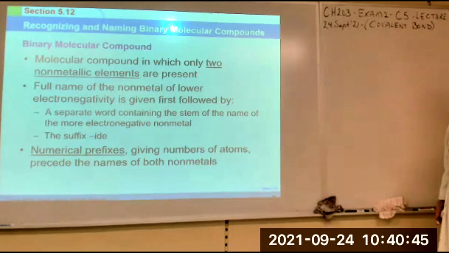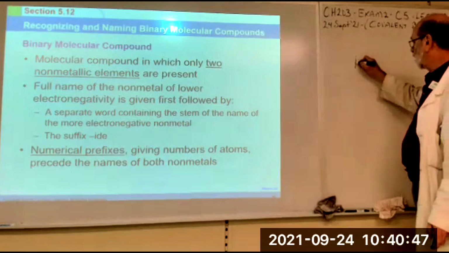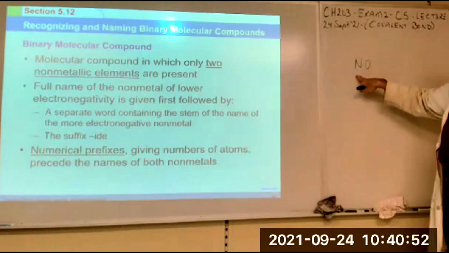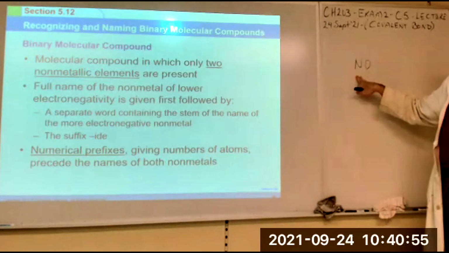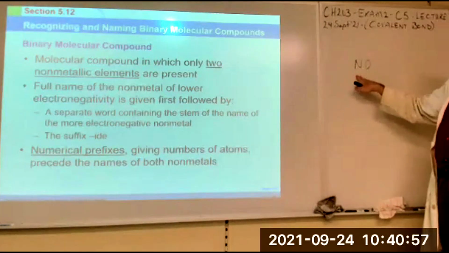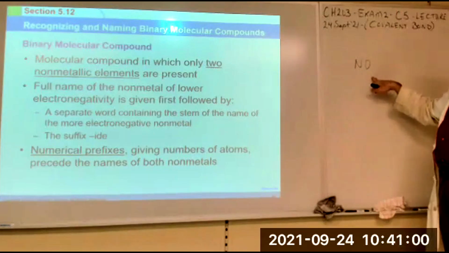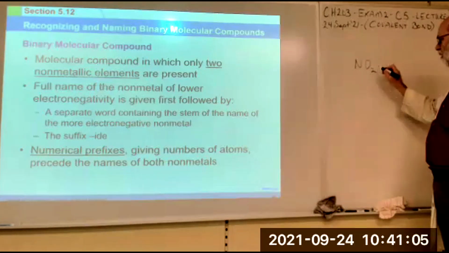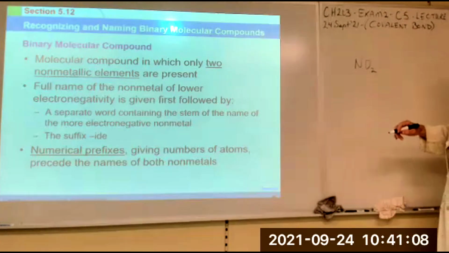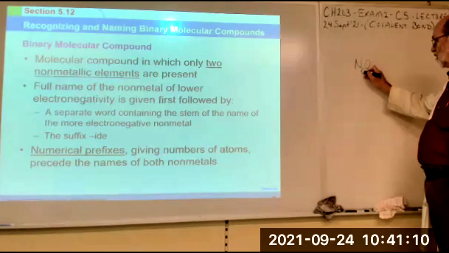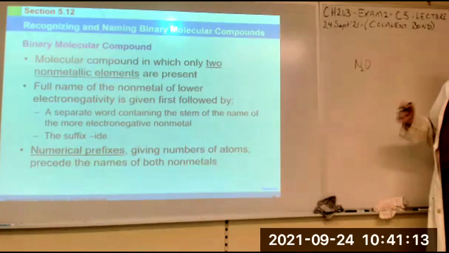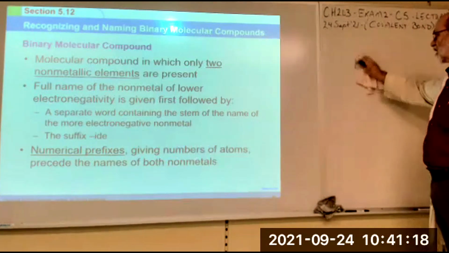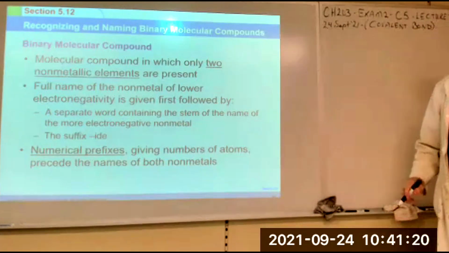So if you have nitrogen and oxygen together, you write this one first, this one second, because nitrogen is less electronegative. It's closer to the metallic side. So you say nitrogen monoxide. Just how many are there? Or if you had two, nitrogen dioxide. Or if you put the two over here, dinitrogen monoxide. But the first one is the one that's closer to metallic or lower electronegativity.